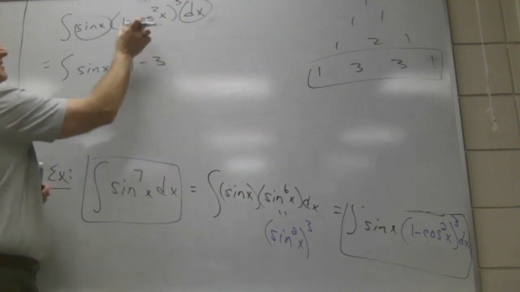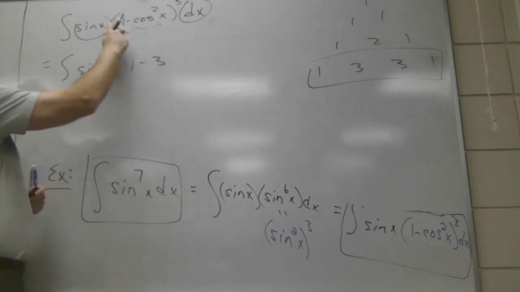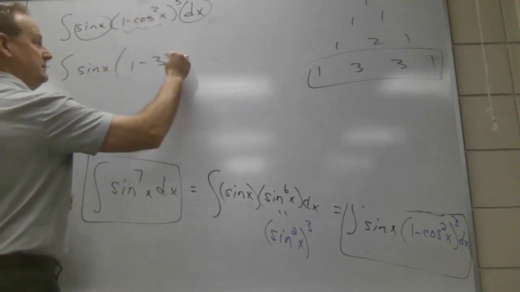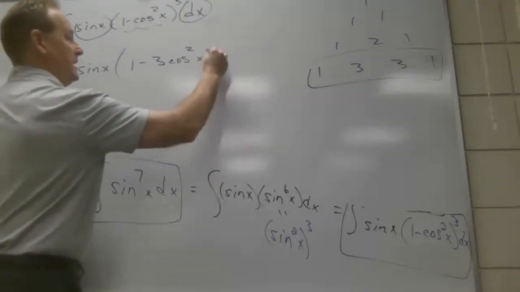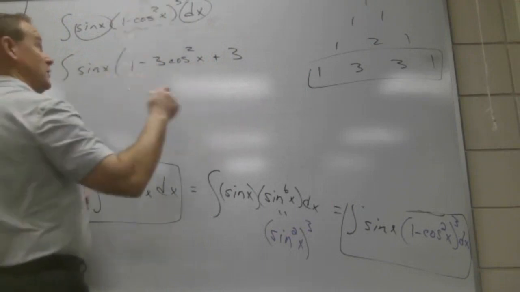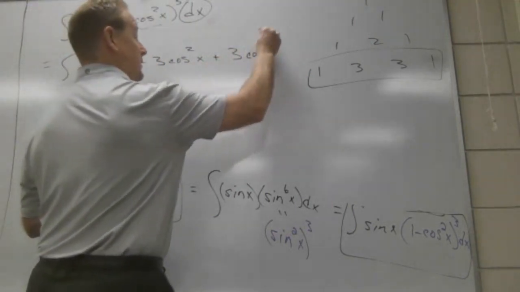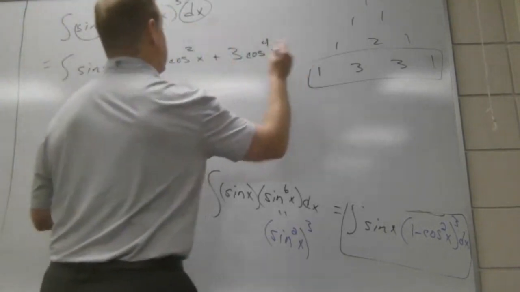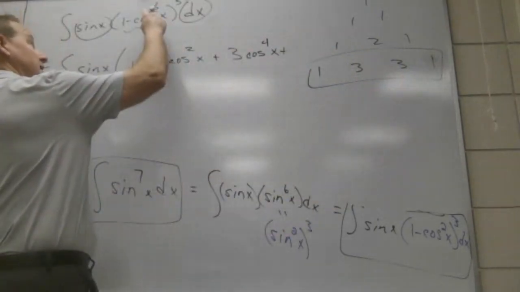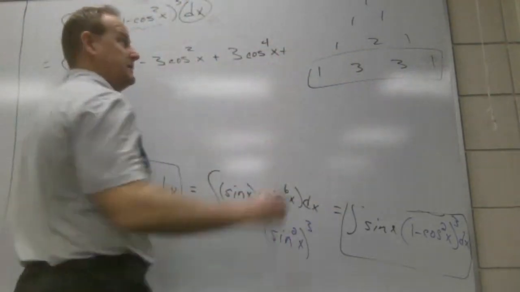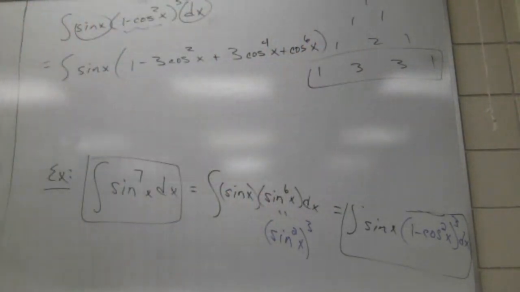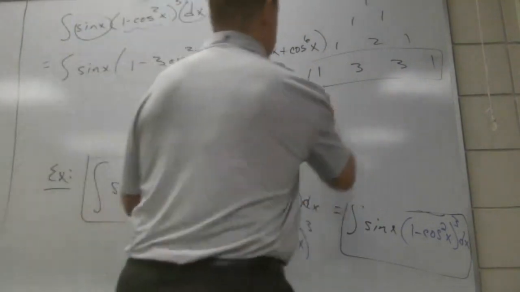So minus 3 times, then this gets 2 of them, 1 squared is 1 times cosine squared. That gets 1 of them, and then plus 3, and then one gets 1, and then times this one gets 2 of them. So cosine squared squared is cosine to the 4th x, and then plus the last one gets the whole thing, and the coefficient is 1. So it's cosine squared quantity cubed, which is what? Cosine to the 6th. All right, but I'll let you cube that out, and this is all with respect to x.